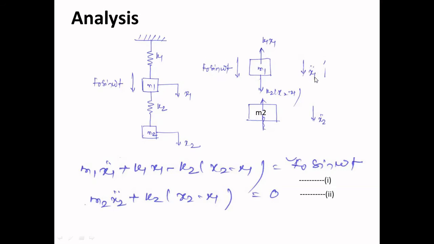The inertia force acting on this is m1 x1 double dot. Similarly, we can draw the free body diagram for mass 2.